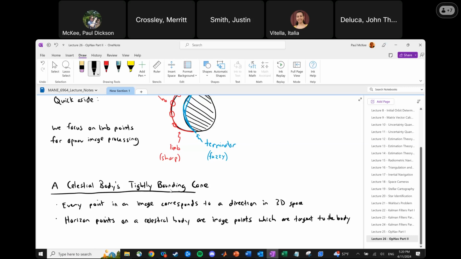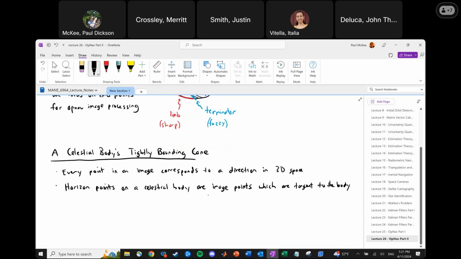So I'm going to draw a picture and hopefully this will make a lot of sense. And maybe this is even an obvious statement, but if you've got your camera here and you've taken an image, and then you've got the actual moon out here, then all of the directions in the image, maybe I'll do 4 of them: 1, 2, 3, 4.